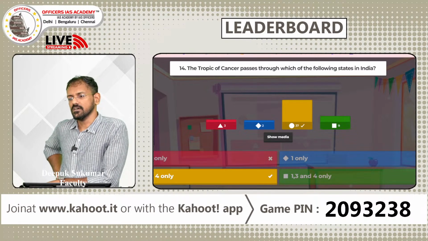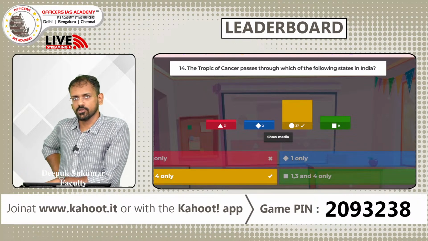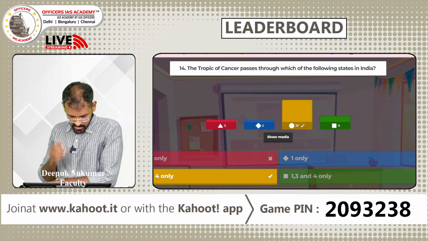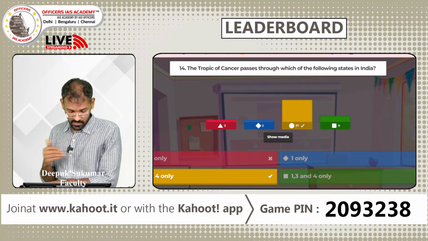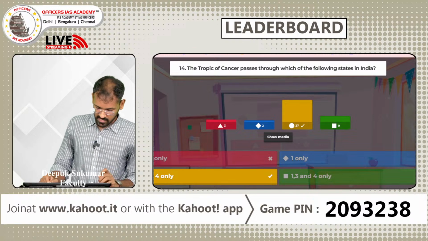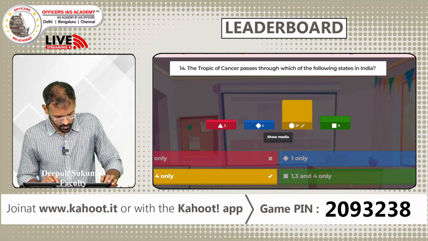See, if you actually prepare for it, it's easy to remember, because you can just remember the states as a certain code. The states that have the Tropic of Cancer passing through them are Madhya Pradesh, Gujarat, Rajasthan, Chhattisgarh, Jharkhand, West Bengal, Tripura, Mizoram.